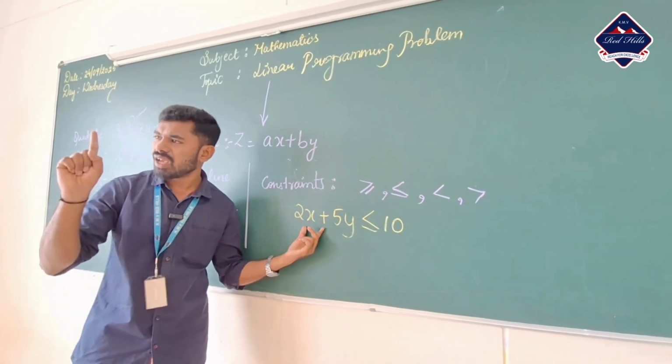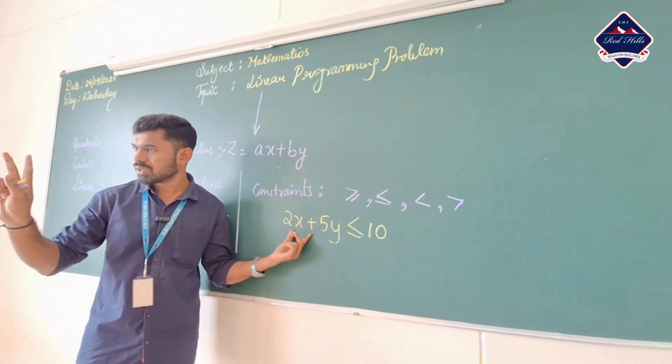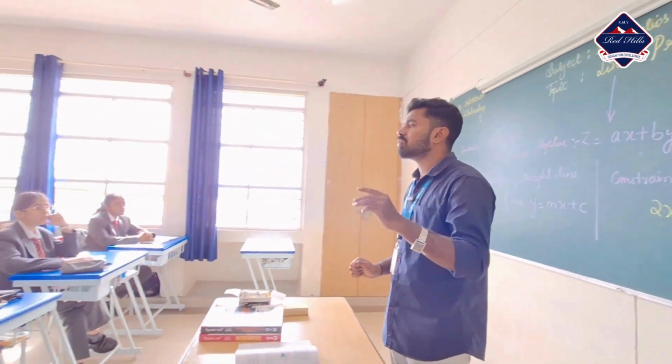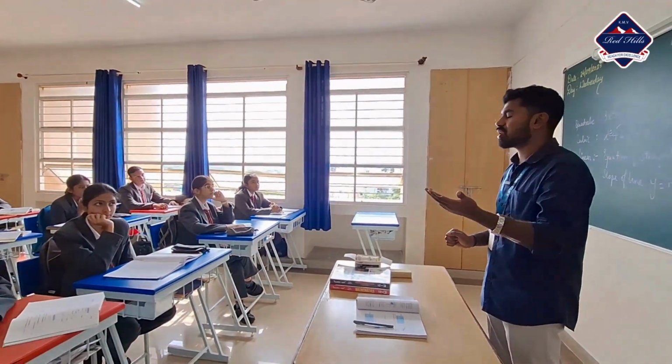So for each and every constraint, how many points can we get? 2 points. For two constraints, how many points? 4 points.